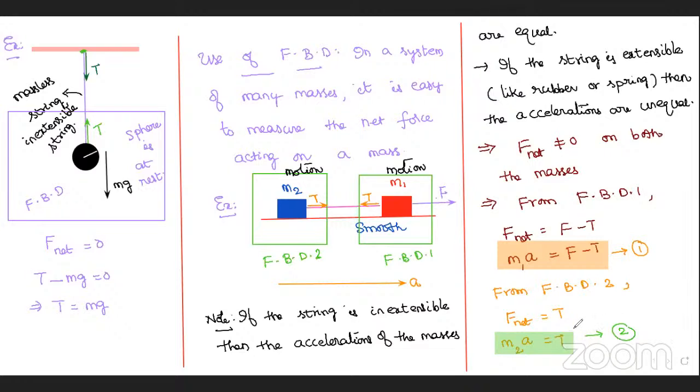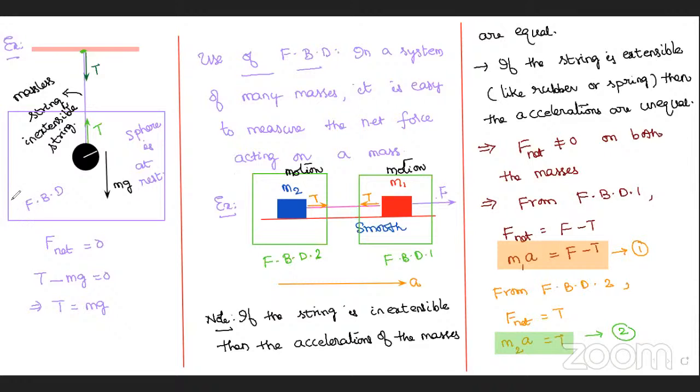Okay, good. And it is actually a shortcut. What is the shortcut here, sir? Look at the diagram here. Force is applied on the right side. Suppose there are many masses here, n masses are there.